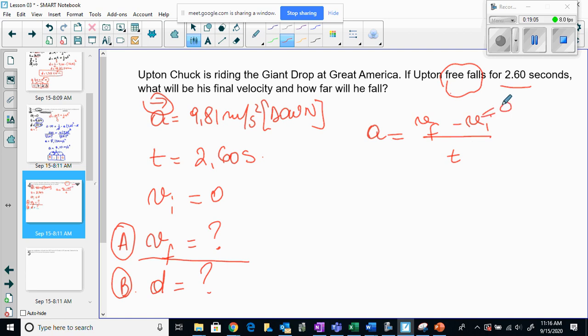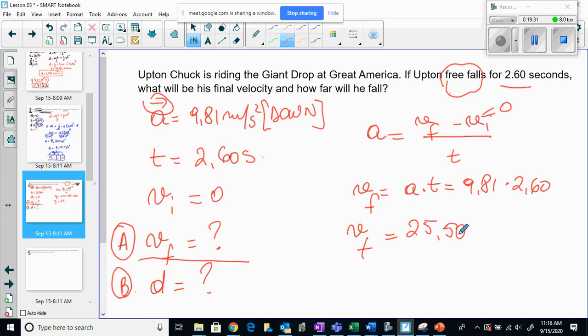Initial velocity is equal to 0, so final velocity will be acceleration times time, which is 9.81 times 2.60. Everything is in the proper unit, so in your calculator 9.81 times 2.60 gives you 25.506 meters per second.